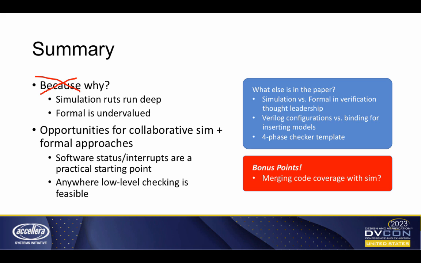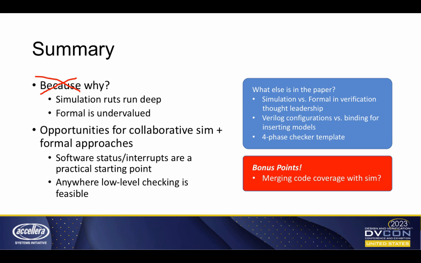If you are looking for a place to start, look at how you can use formal to complement what you already do in simulation. Module level checking, again, I think is the natural starting point, but I don't know that it's the best starting point. I saw software status and interrupt checking as a really practical complementary thing that we can do with simulation.